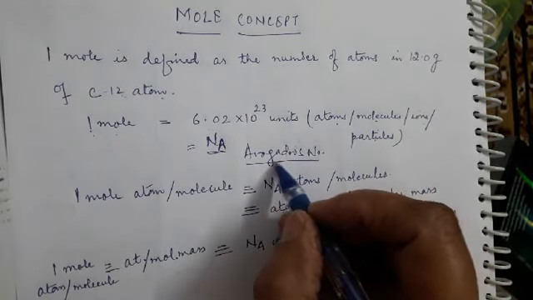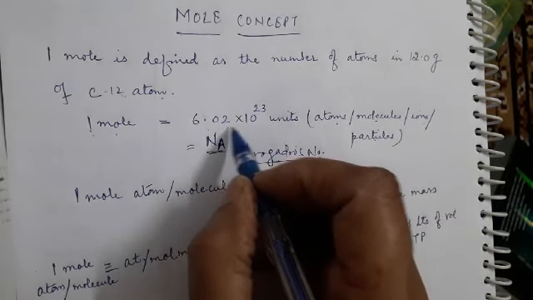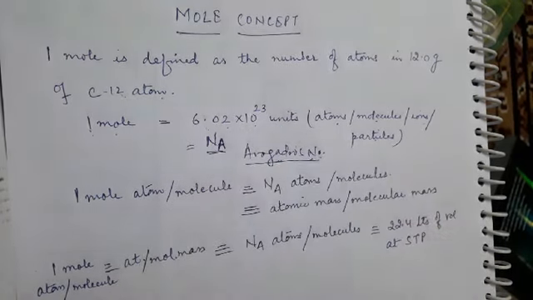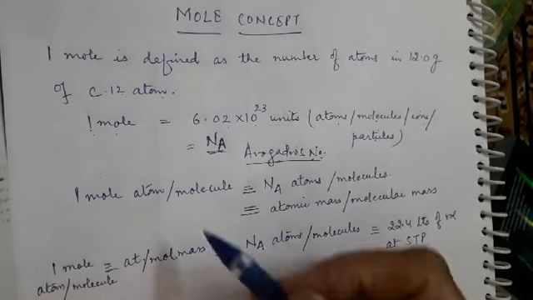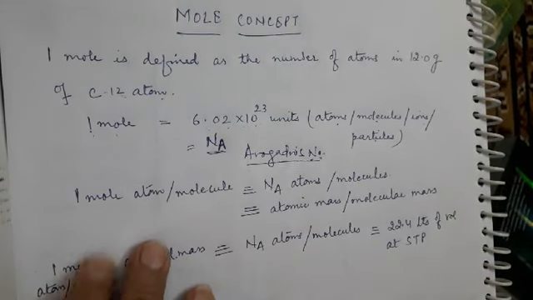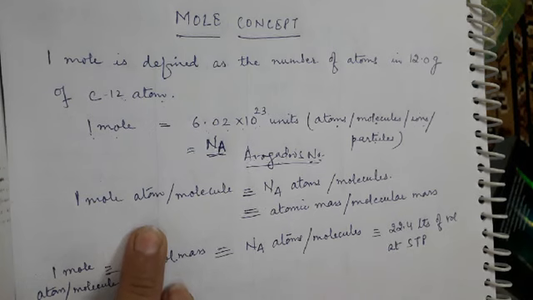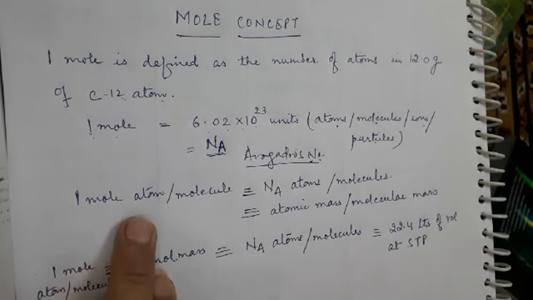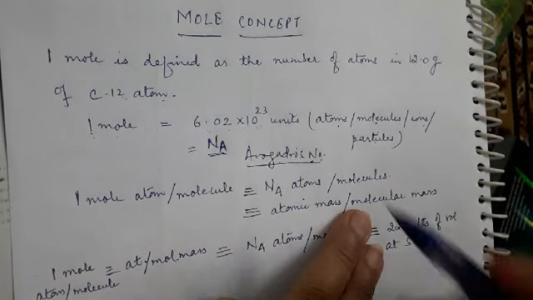So if I ask you what is Avogadro's number? Avogadro's number is equal to 6.02 into 10 to the power 23 species. Any species can be atoms, molecules, ions, or other existing species. Now, in order to understand this mole concept, whether in the atomic state or the molecular state, 1 mole will be equal to NA atoms or NA molecules.